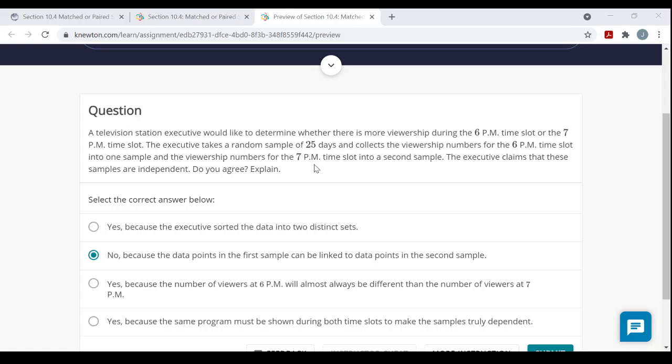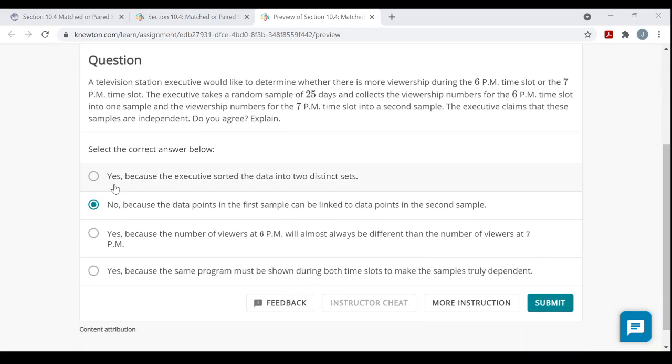But all he was looking at are the viewership numbers, and some of the people watching at 6 p.m. could also be watching at 7 p.m. because there is that relationship between the two samples. They are dependent, not independent.